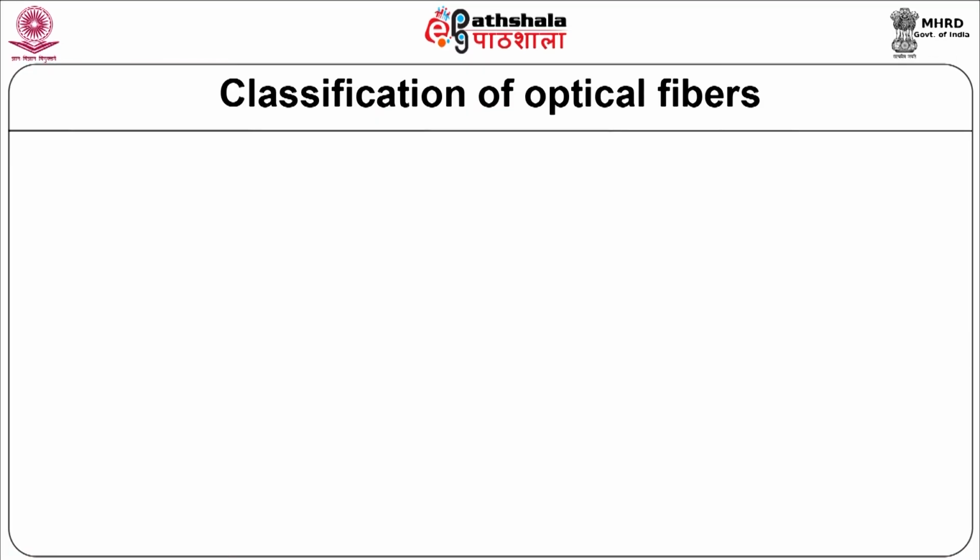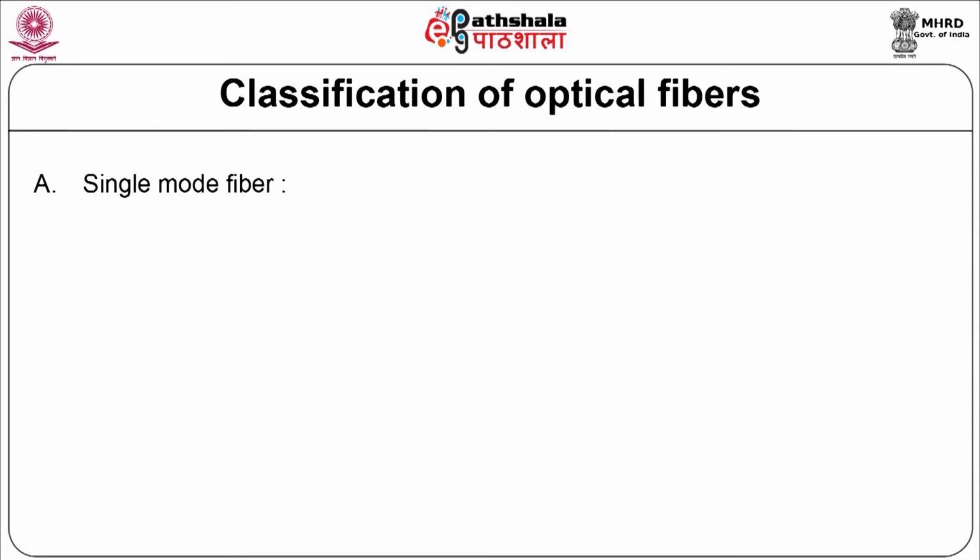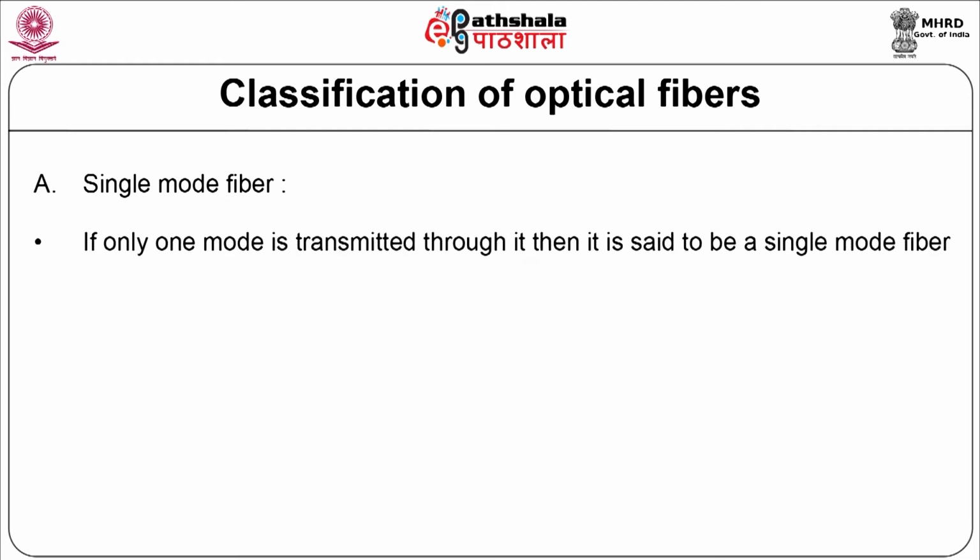Classification of optical fibers depending upon the number of modes transmitted through the fiber: single mode fiber and multi-mode fiber. In case of single mode fiber, from the name itself, it is carrying only one mode, or only one mode is transmitted through it.